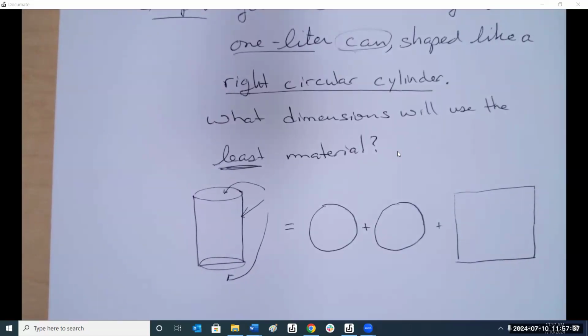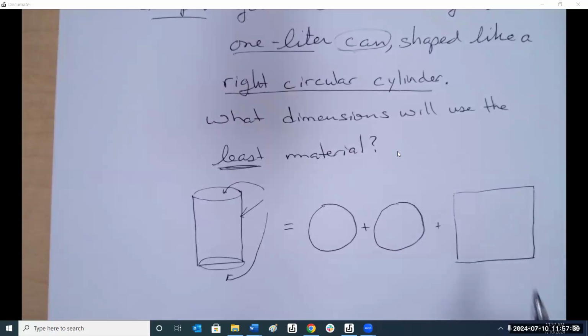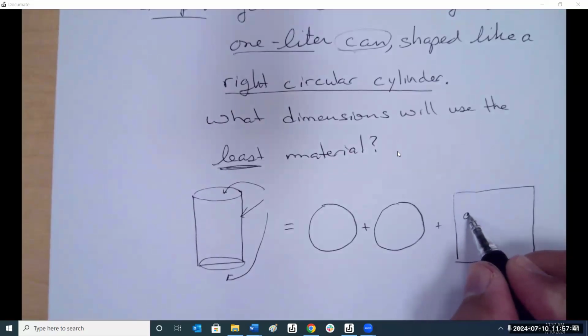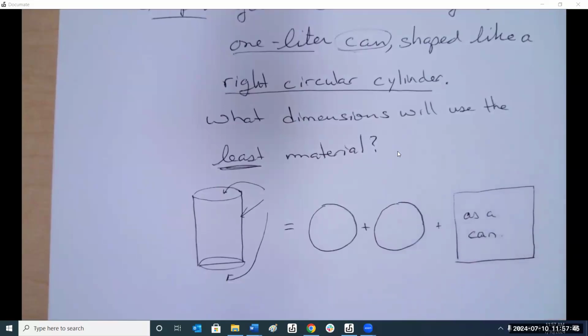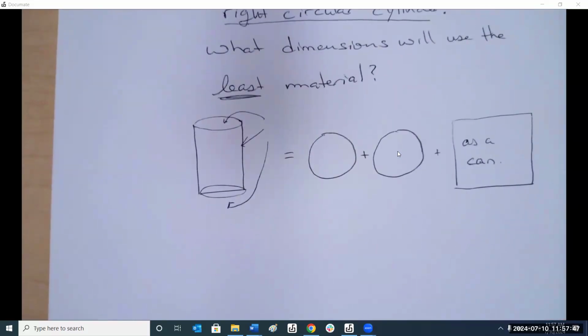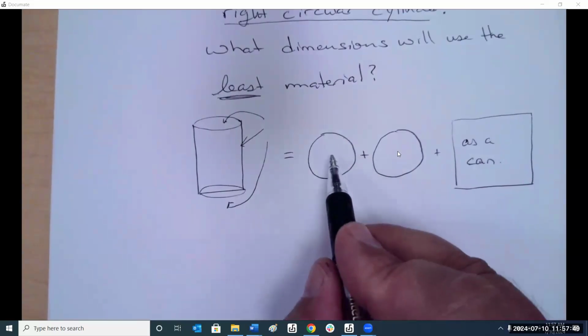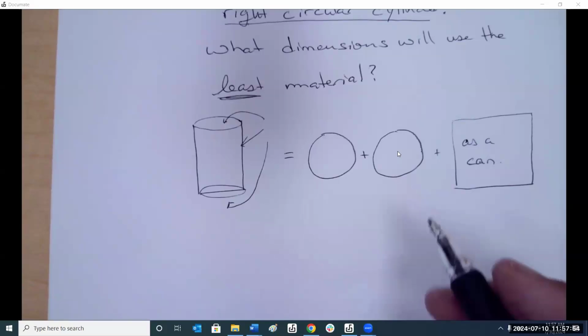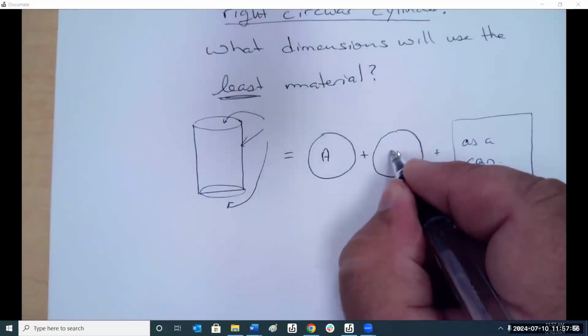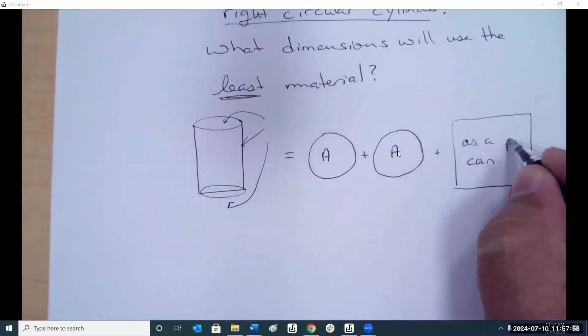It's a cylinder though, as a can. So what's the formula for the area here? We're looking for the area here, the area here, and the area here.